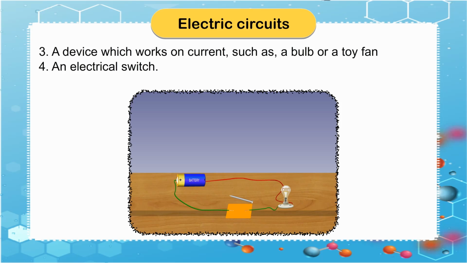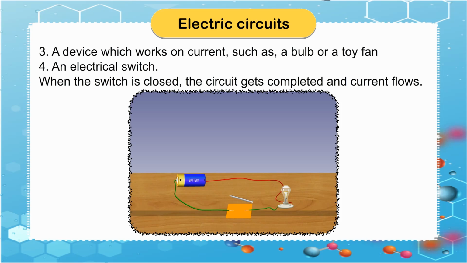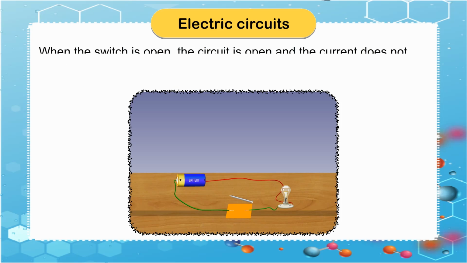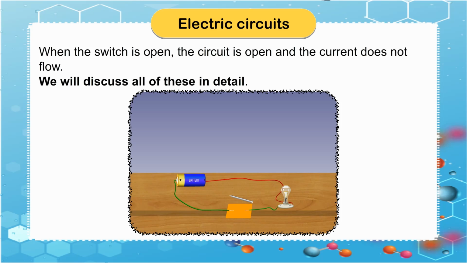An electrical switch. When the switch is closed, the circuit gets completed and current flows. When the switch is open, the circuit is open and the current does not flow. We will discuss all of these in detail.